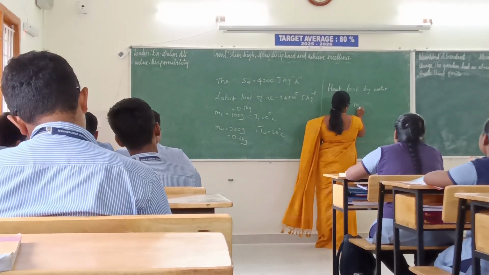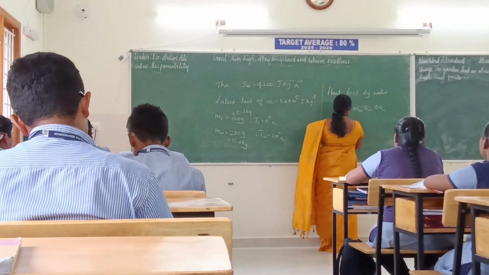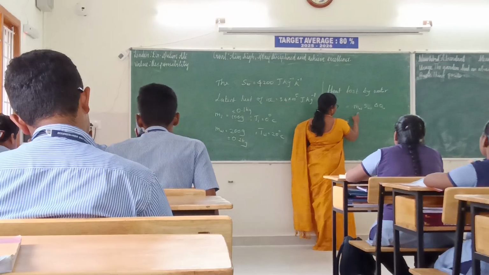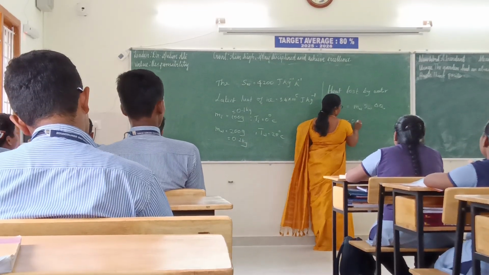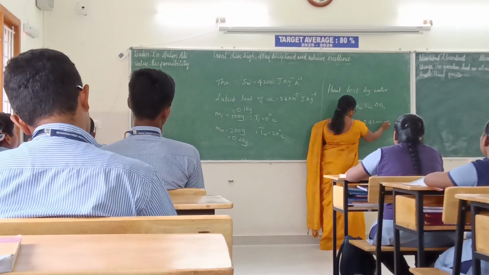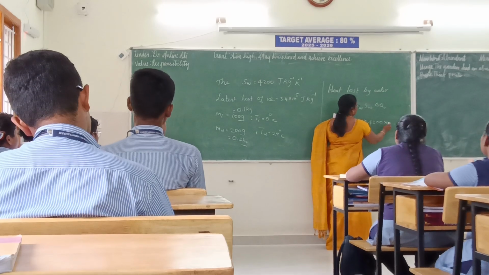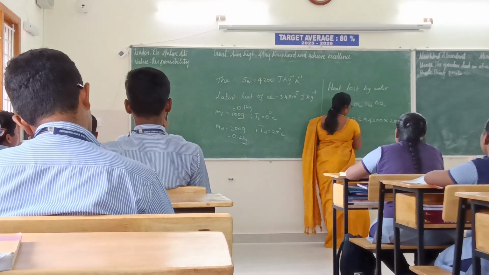So heat lost by water is m into s into delta T. Substitute these values: 0.2 into the specific heat of water 4200 into the temperature 25 degrees Celsius. So what will come?